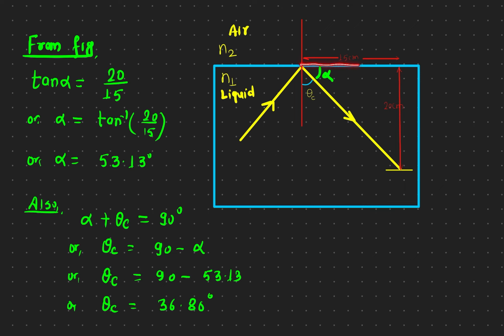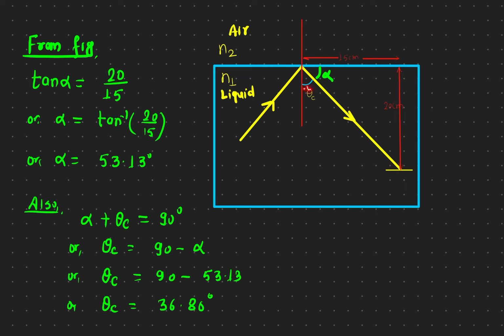So if I look into this triangle, I can use tangent alpha. The tangent alpha is rise over run. So this is rise and this is run. Rise is 20, run is 15. If I solve for alpha, I'll get 53.13 degrees. So this angle I found out is 53 degrees here.